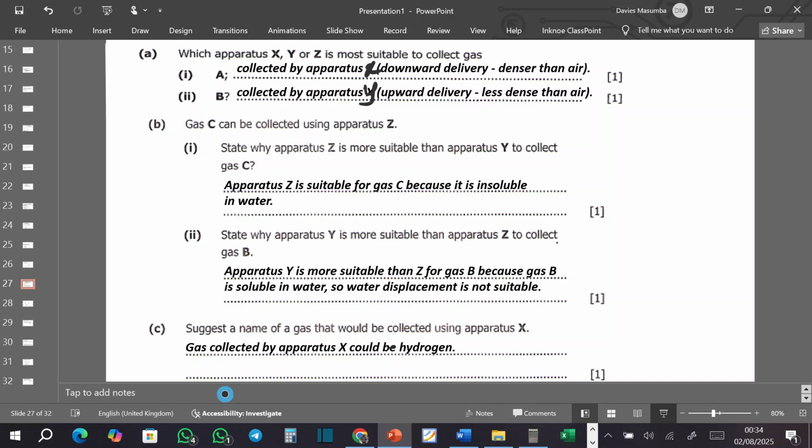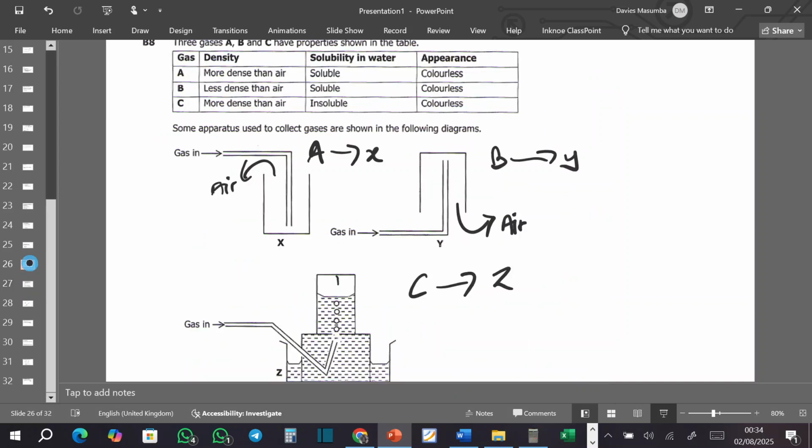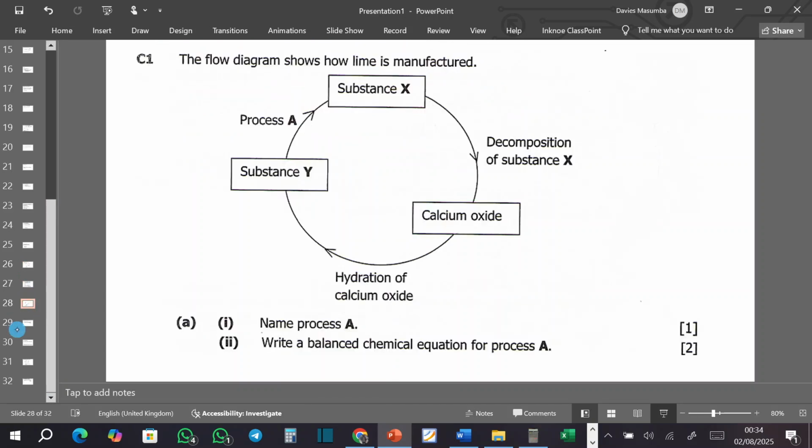No, this is carbon dioxide because apparatus X requires a gas which is denser. Hydrogen should use the other one because hydrogen is less dense than air. Okay, so we are done with this one.